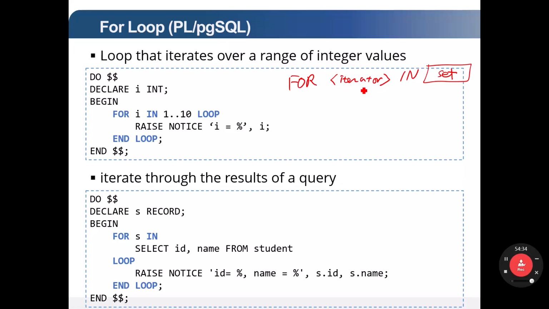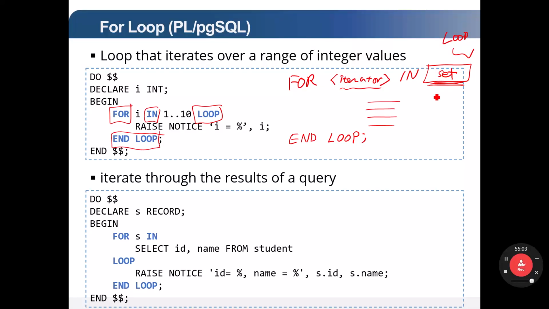Then every element of this set is going to be assigned to this iterator variable, and that iterator variable is used in the following statement. And the for loop will end with this end loop construct. Oh, I forgot. I missed the loop construct at the end. Loop, in, for, and loop.